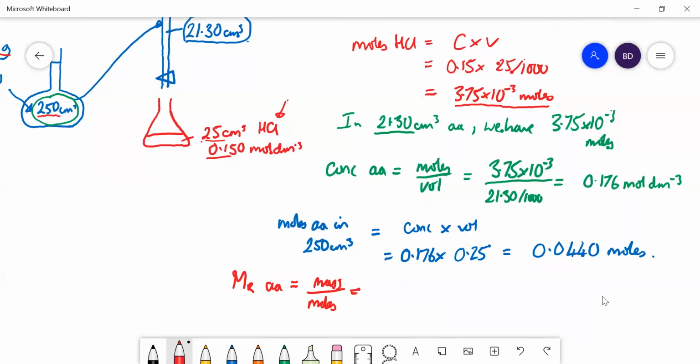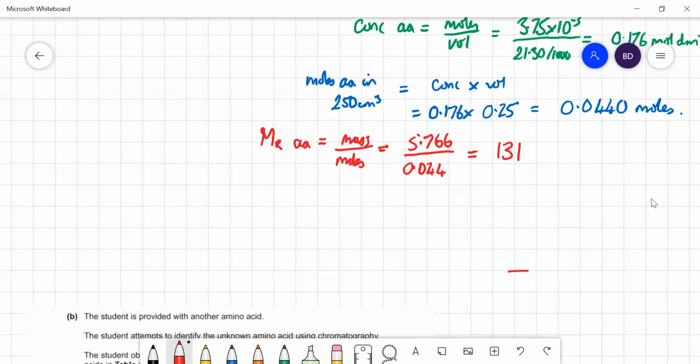The mass we had was 5.766 and the number of moles is 0.044. That gives us an MR of 131. So now we have to find out which of those amino acids is going to have an MR of 131.